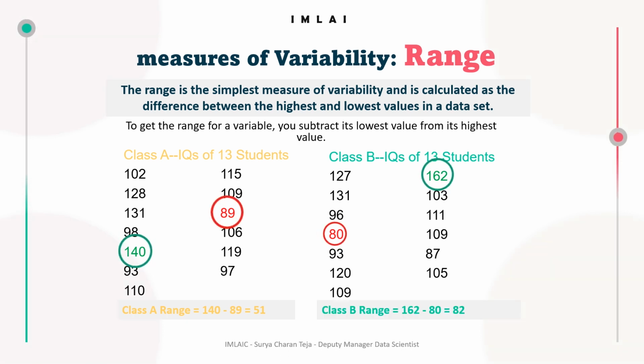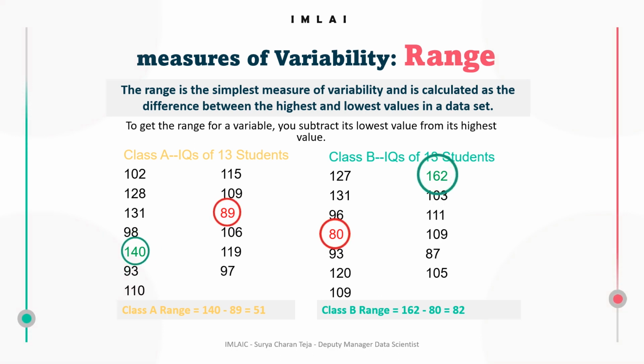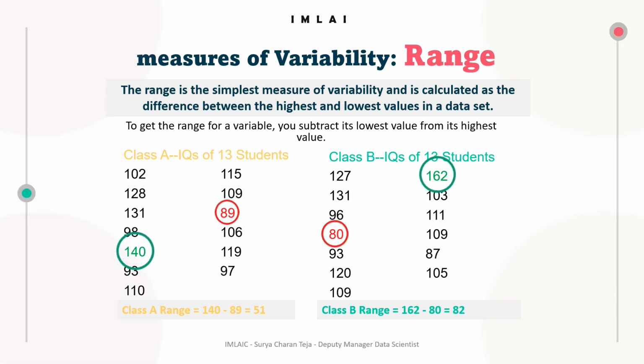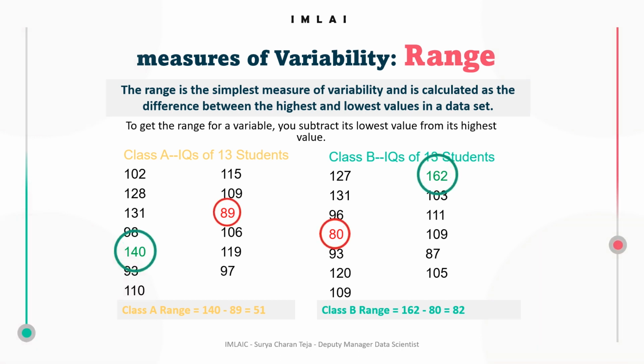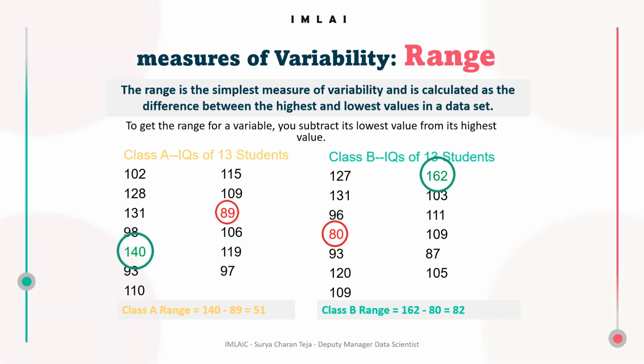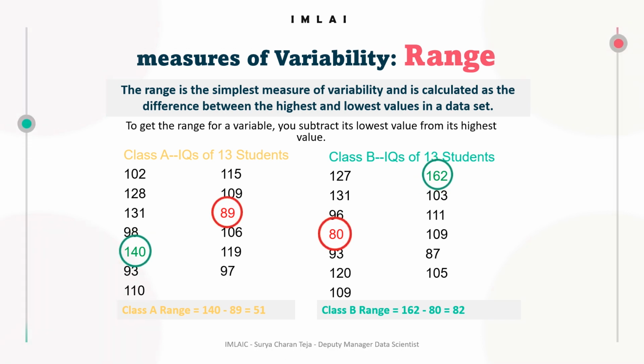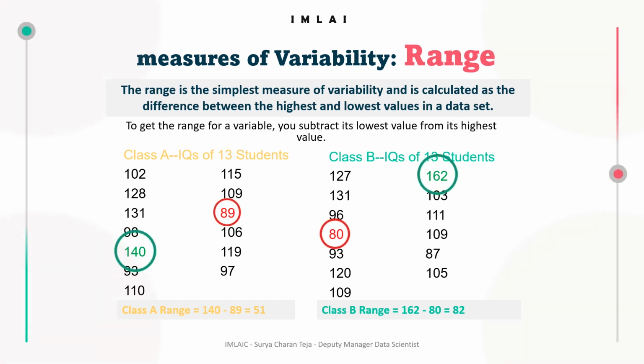Class B range is equal to 162 minus 80, highest minus lowest, which is 82. So what does it indicate? The class A range indicates that the scores are spread over a range of 51 points, and the class B range indicates that the scores are spread over a range of 82 points.